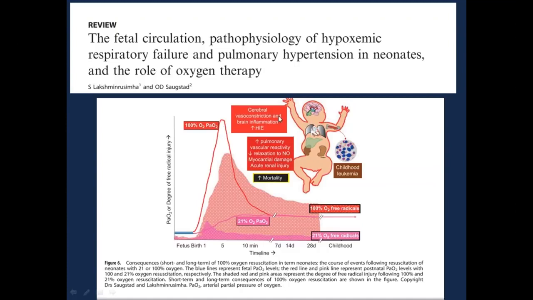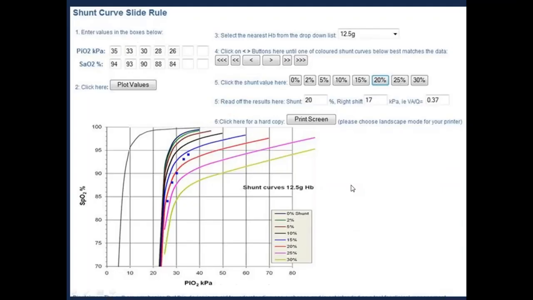Harmful for the brain, with cerebral vasoconstriction, brain inflammation, and worsening of HIE, worsening pulmonary vascular reactivity, and decreased relaxation response to nitric oxide, myocardial damage, acute renal damage. All of that just when you consider resuscitation with 100% oxygen rather than room air. And even in the future, this infant will be at higher risk of childhood leukemia.